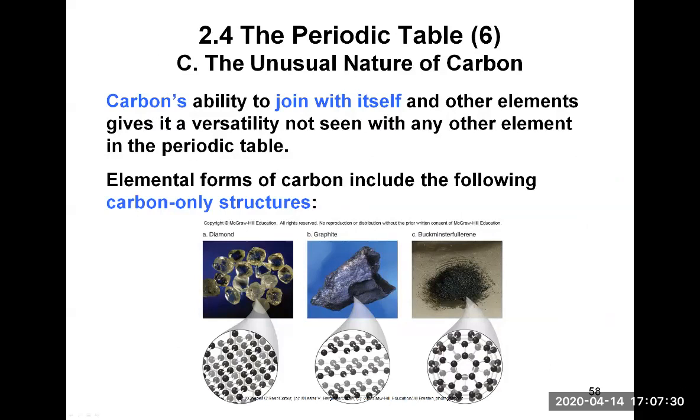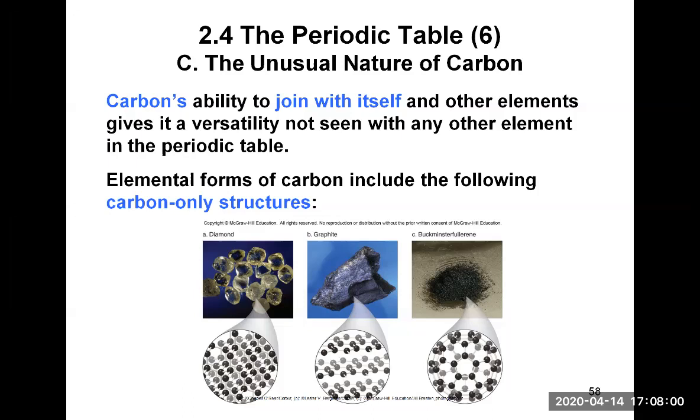Carbon has an unusual nature. Carbon's ability to join with itself and other elements gives it a versatility not seen with any other element in the periodic table. So in nature, the elemental forms, meaning carbon as an element by itself, not bonded to any other atoms, include diamond.